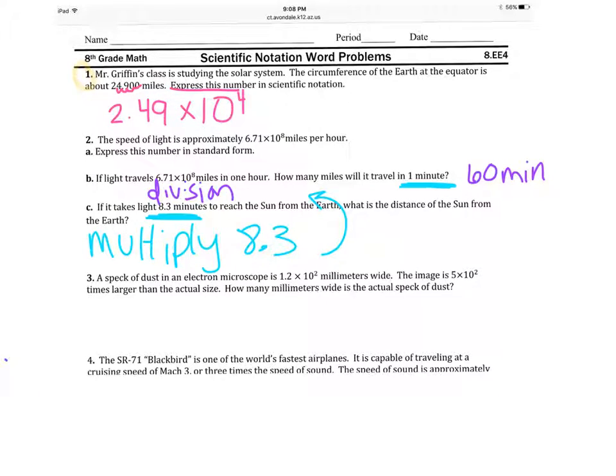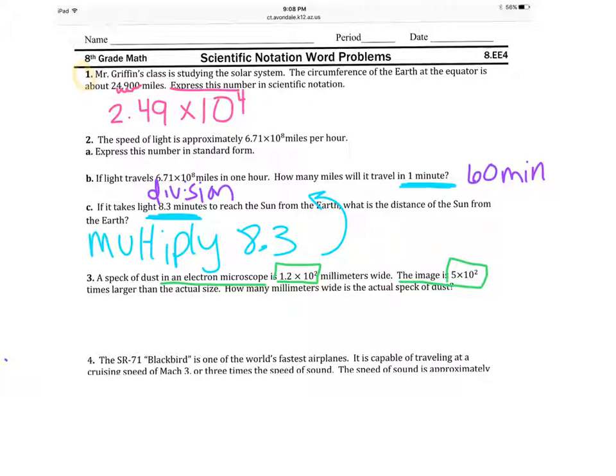Let's look at problem 3. A speck of dust of an electron microscope is 1.2 times 10 to the 2 millimeters wide. The image, so the new picture, is 5 times 10 to the 2 times larger than the actual size. How many millimeters wide is the actual size? So this is saying in a microscope, it is 1.2, and this image is 5 times larger than the original.